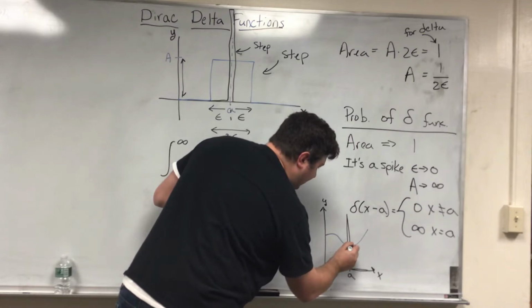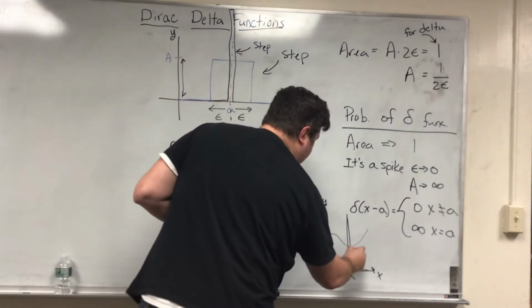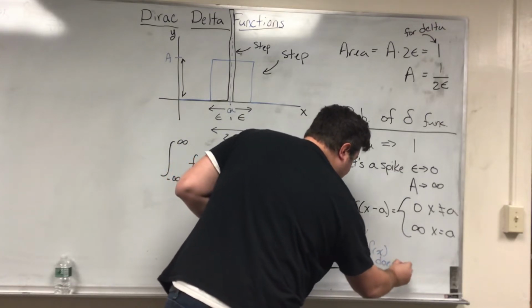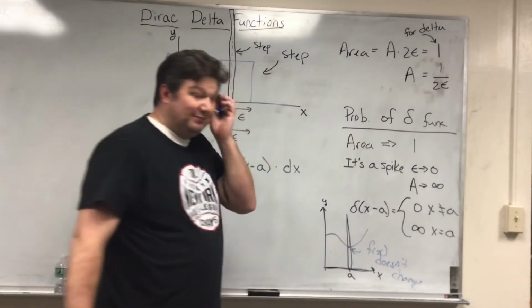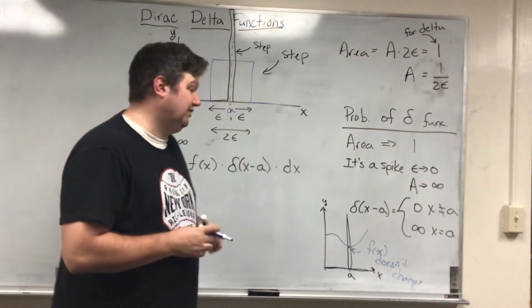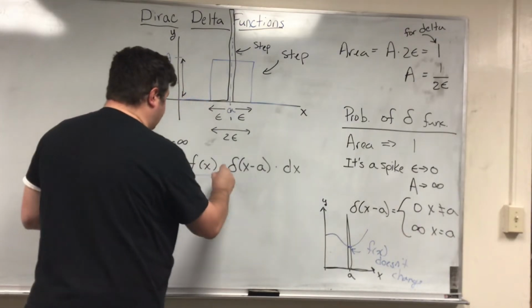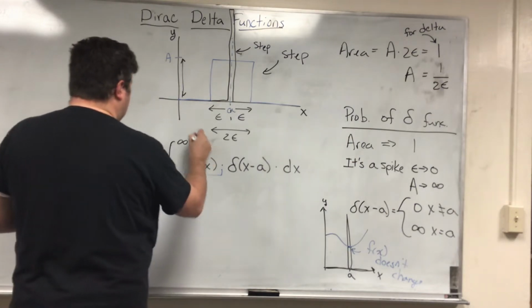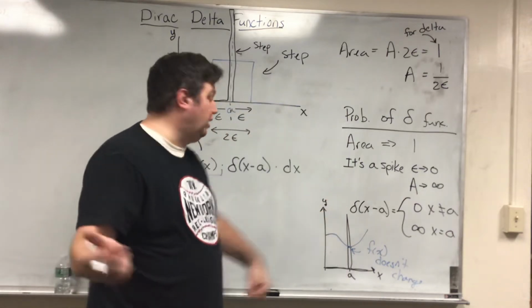Over this infinitesimally small region, f of x doesn't change, or it doesn't change much. We can treat it as a de facto constant. So then this gets pulled out. We get to ignore everything else because there the delta function's 0.